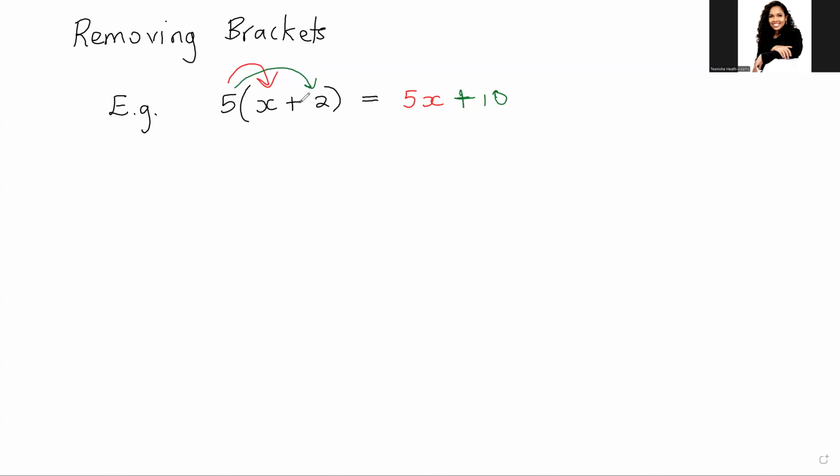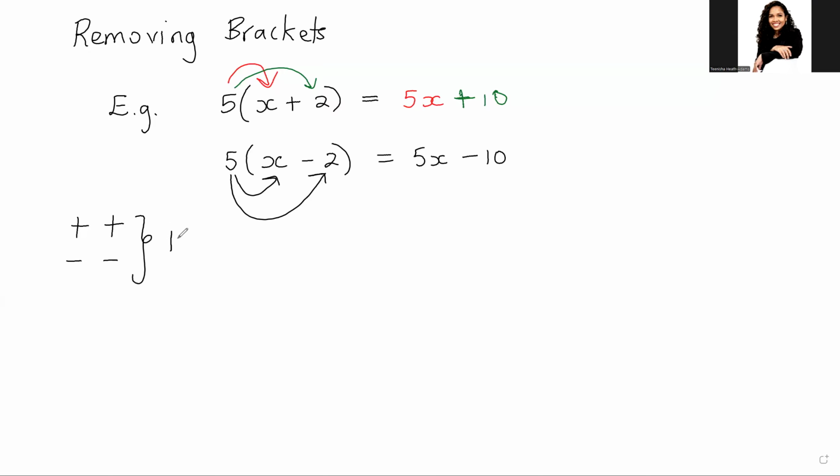The reason I said positive 2 just now is because if I had 5 by x minus 2, then this would be 5 times x, which is 5x, and then 5 times negative 2, which will be negative 10, right? So the sign changes the answer because, just to refresh, when you're multiplying or dividing directed numbers, two positives or two negatives give you a positive.